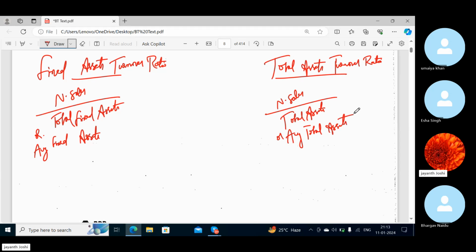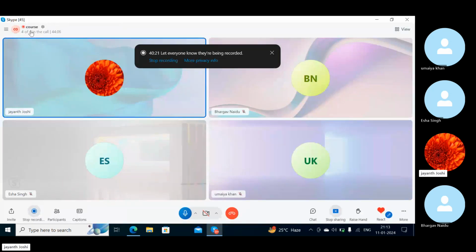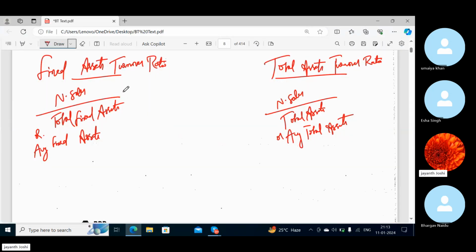What does this particular formula tell? Anyone can answer this question. What is the use of this formula? I'm asking the question to everyone. Can you unmute your mic and tell me the answer? What is your opinion, or what is the interpretation you make out from this ratio?